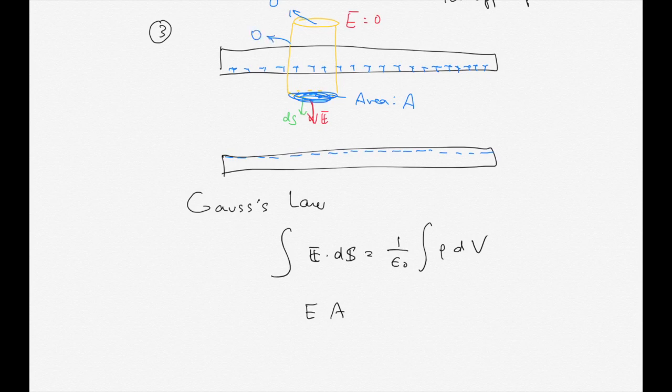So we just have a contribution from the bottom, E times A. And on the right side, 1 over epsilon naught times the charge in the plate.